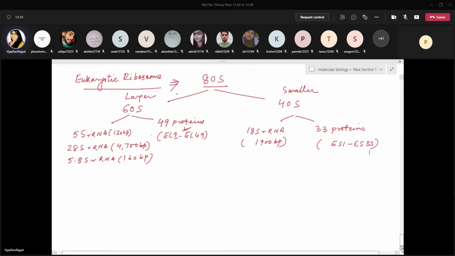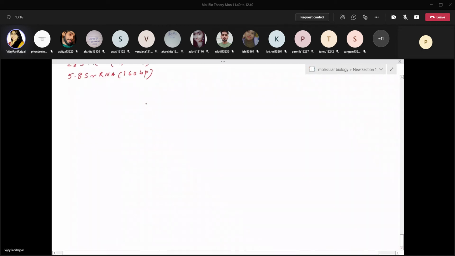Now, structurally, whether it is a prokaryotic ribosome or eukaryotic ribosome, the structure remains the same. And structurally, each ribosome has 3 sites. Like if this is the ribosome, the smaller subunit and the larger subunit, then each ribosome has 3 sites.